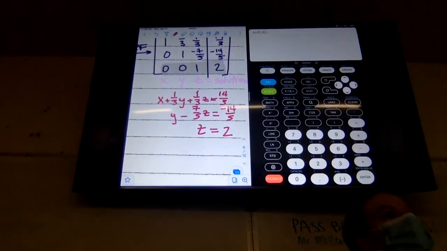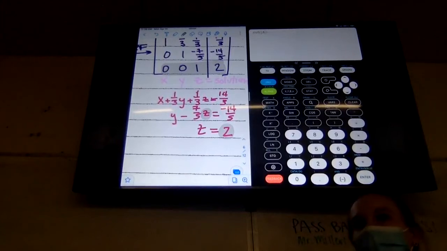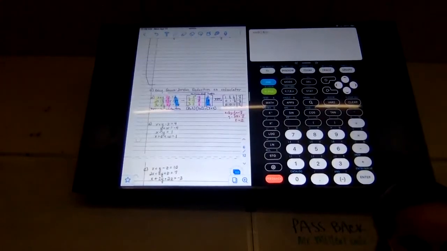Now, based on the equations that we have, we are going to use the fact that Z equals 2 to find Y and then use that new Y to find X. I'm going to plug 2 in for Z into the equation above us, and then I can easily find Y, right? If I substitute in 2 for Z, then I just have one variable. I'll do it over here.